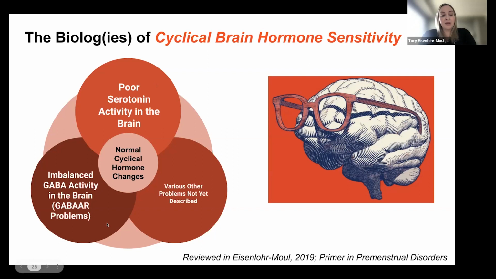Then I'm also going to talk about imbalanced GABA activity. These are both neurotransmitters or messenger chemicals in the brain. Imbalanced GABA activity in the brain is another area that's gotten a lot of work. And then again, many other problems that we probably don't even know about yet or aren't fully fleshed out.